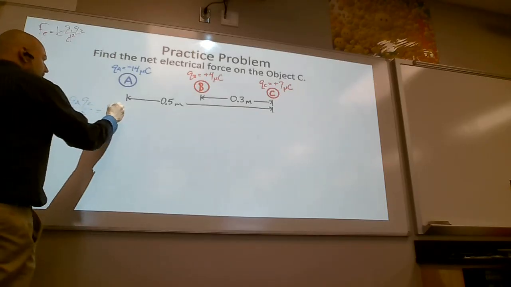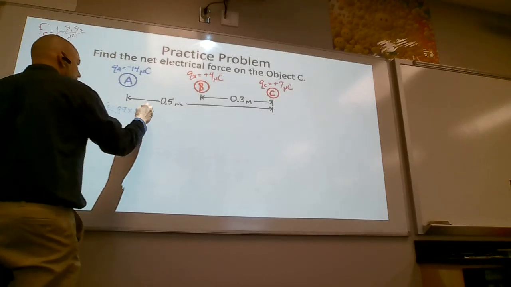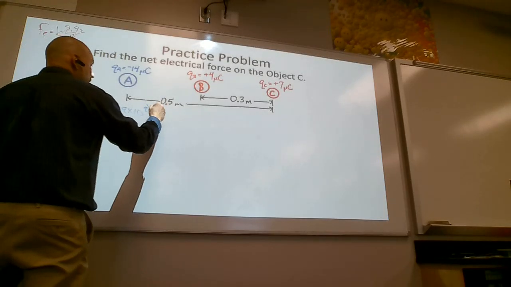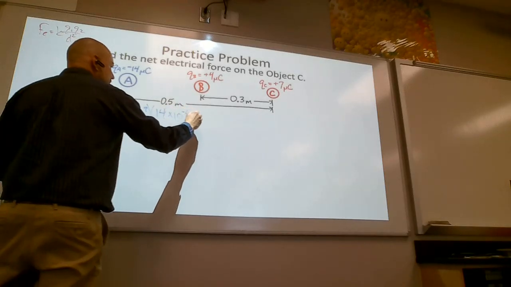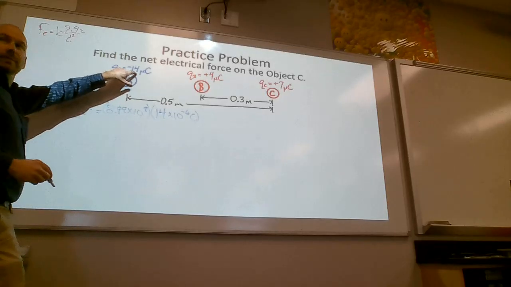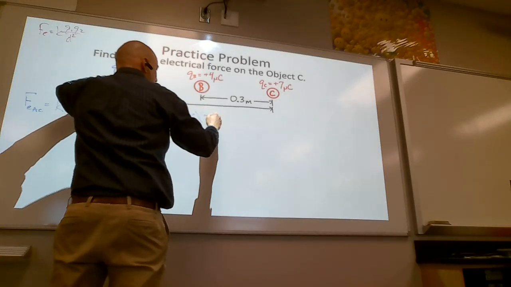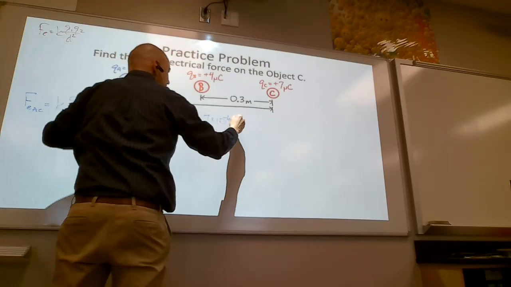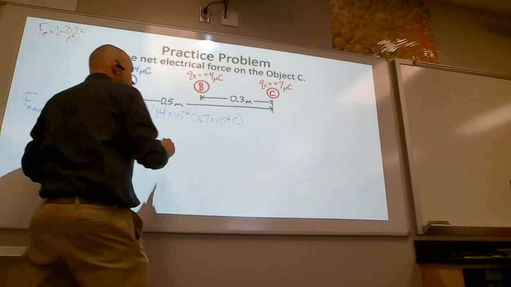That's 8.99 times 10 to the 9th, times 14 times 10 to the negative 6th coulombs, because microcoulombs, and C, 7 times 10 to the negative 6th coulombs. Again, I'm dropping the positive and negative sign.